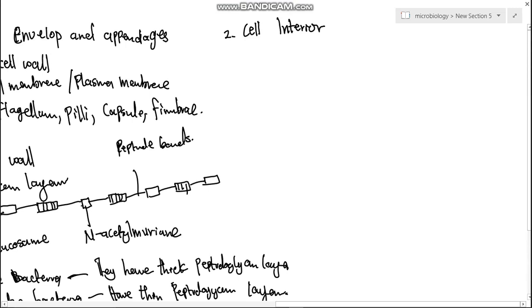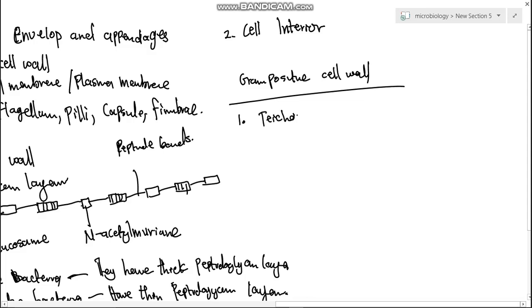These are some of the chemical constituents that we have: teichoic acid, then lipoteichoic acid, then the peptidoglycan layer.